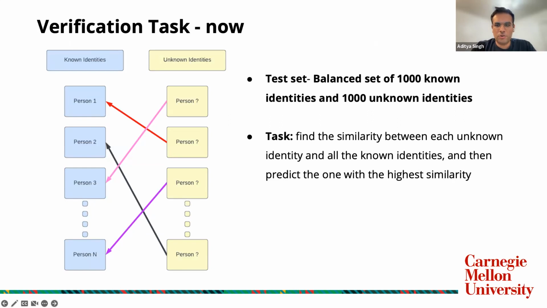For each known identity, whichever unknown identity has the highest similarity with it, you assign it to it, so you have to come up with a one-to-one mapping. What we mean by balanced here is that we have the demographic information about age and ethnicity, and those are equally represented in the identities in the test set. From our experiments, we have achieved our objective and made this task harder.